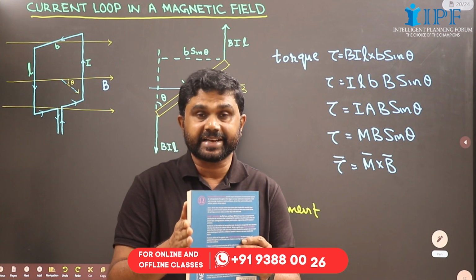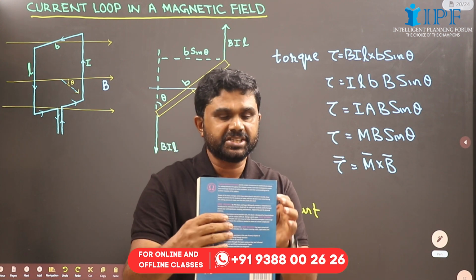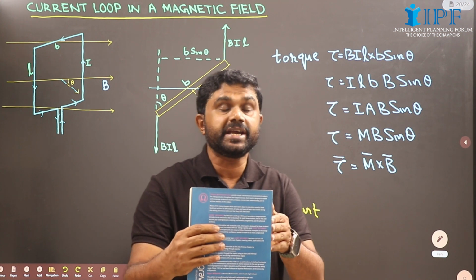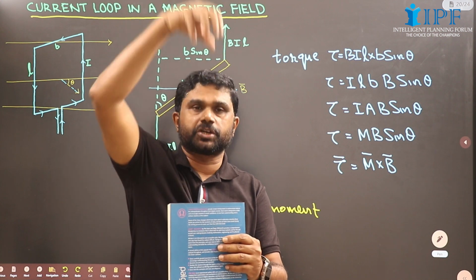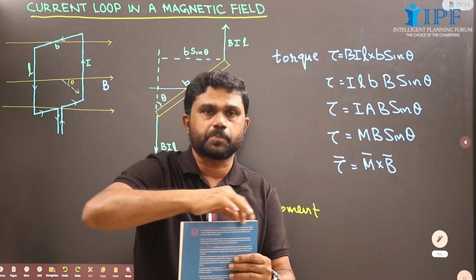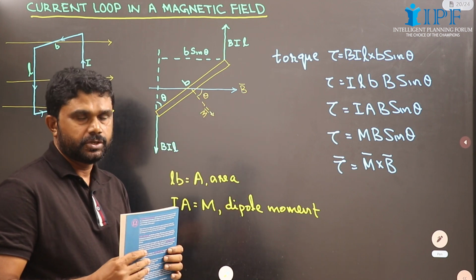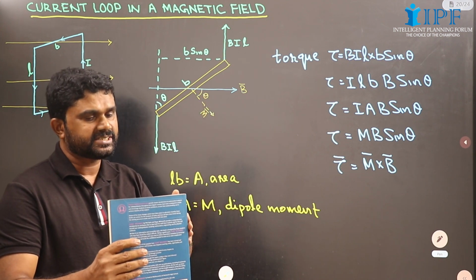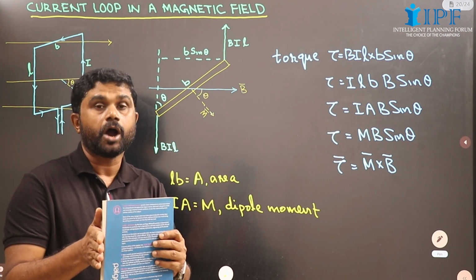This conductor will experience a force BIL like this, and this conductor will experience a force BIL inwards. When you look from the top, you will see only this part that is being shown here. This is the top view. This conductor experiences a force inward, that is BIL, and this experiences a force outwards.